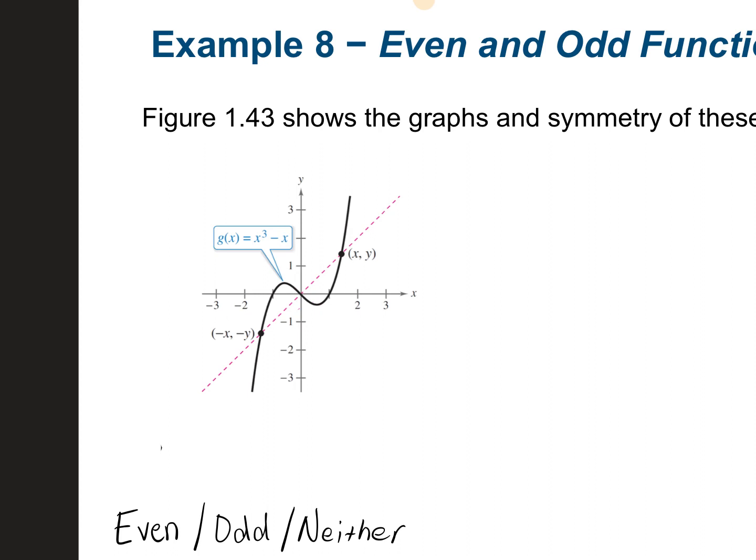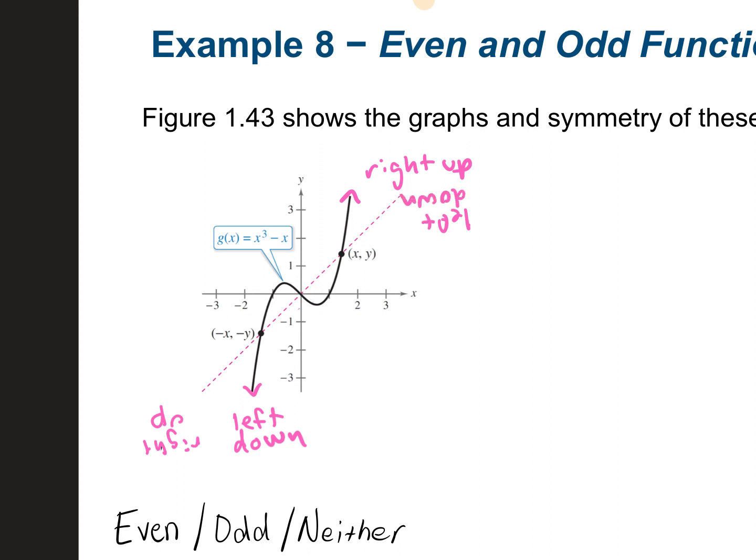But next we need to check if it's symmetrical about the origin. So if I take my graph, notice that the right side is pointing up and then the left side is down. If I take my iPad and flip it upside down, my graph now, the right side is still going up and the left side is going down.